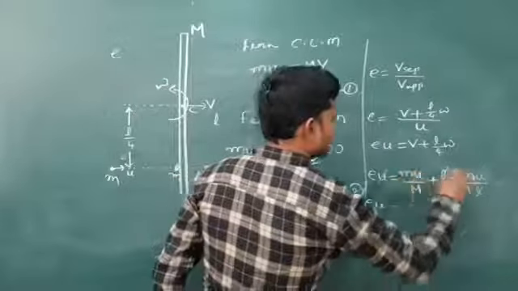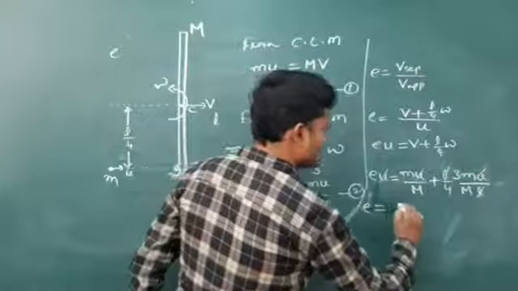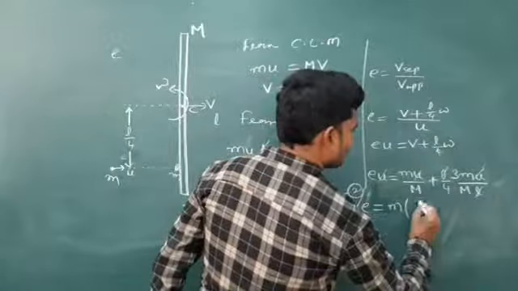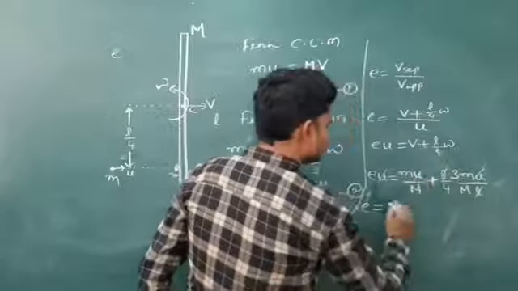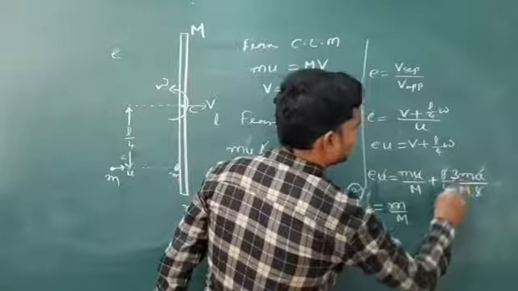So u everywhere gets cancelled out. e is equal to, if I take m common, of course m by m directly we can write. So let me write m by capital M. This is 3 by 4.